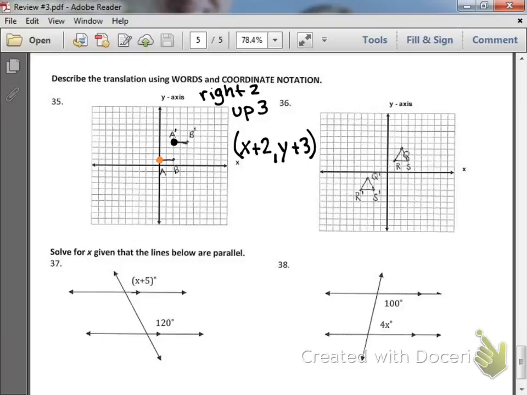36 is the same way. We are starting with any of the letters, really, that start with the original, the Q, R, or the S, and then you're counting to see how you would get to that same letter, but the prime version. So I'm just going to go from Q to Q. It looks like you go left 1, 2, 3, 4, 5, and then down 1, 2, 3, 4, 5.